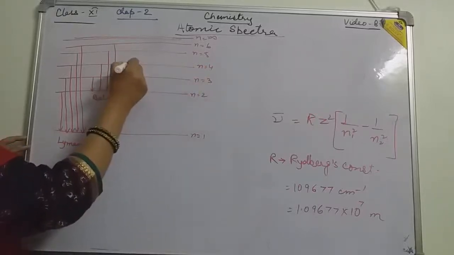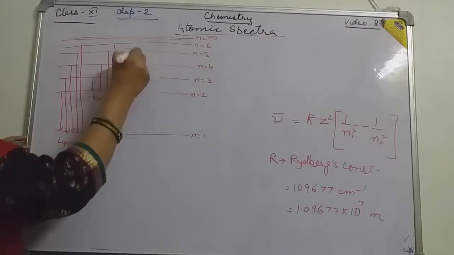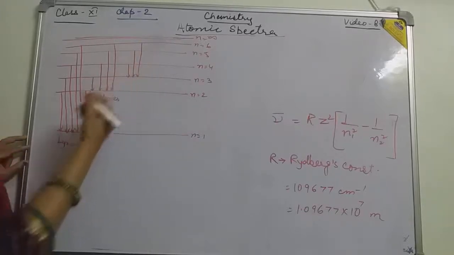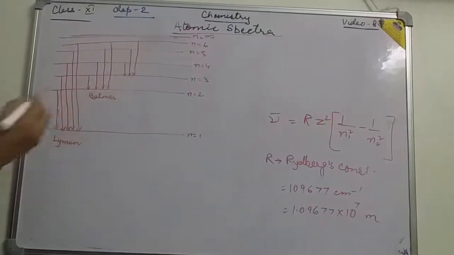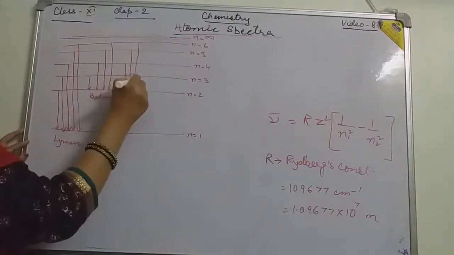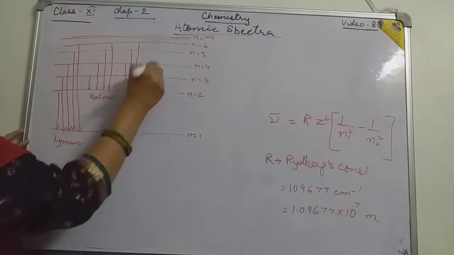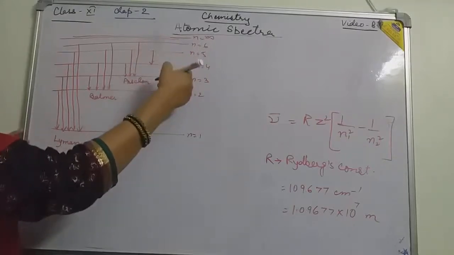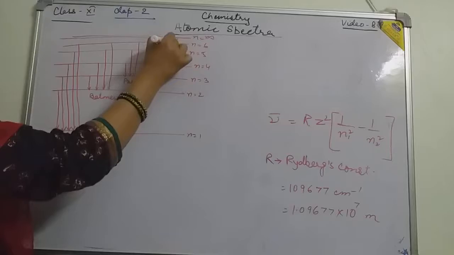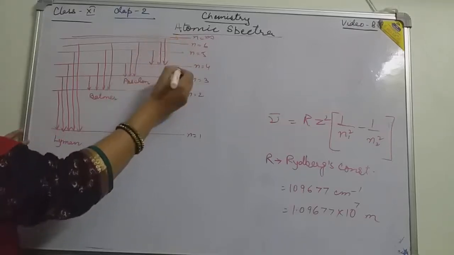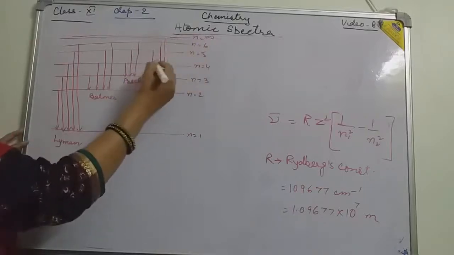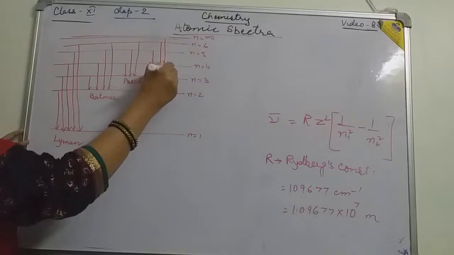If an electron moves from fourth to third, fifth to fourth, fifth to third, sixth to third, that is the Paschen series. After the Paschen series, it is the Brackett series, from 5 to 4, 6 to 4, 7 to 4, likewise.